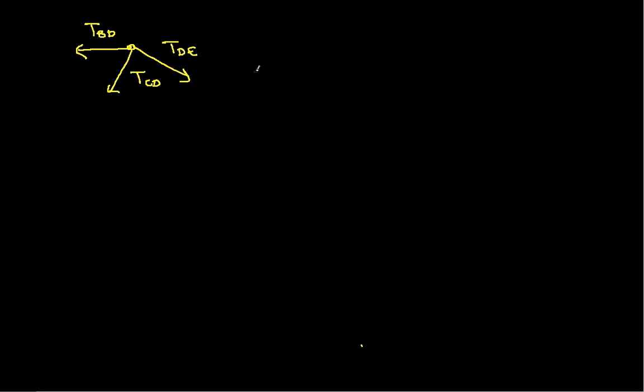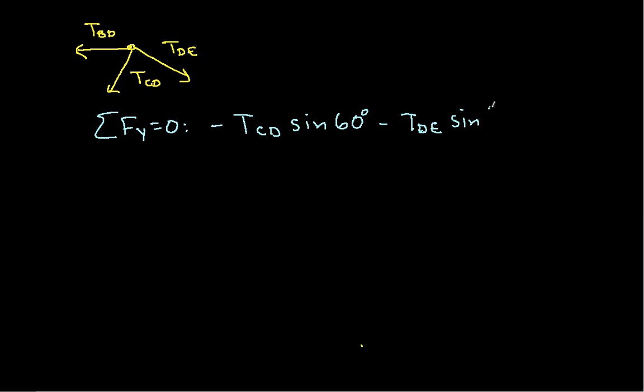Okay, now I'm going to go straight to the summation of forces in the y direction is equal to 0. The reason I'm going to do that is if I do this, then TBD isn't going to show up in the sum of forces in the y direction, and it'll make life a little bit easier. So I have minus TCD times sine of 60 degrees minus TDE sine of 60 degrees equals 0.